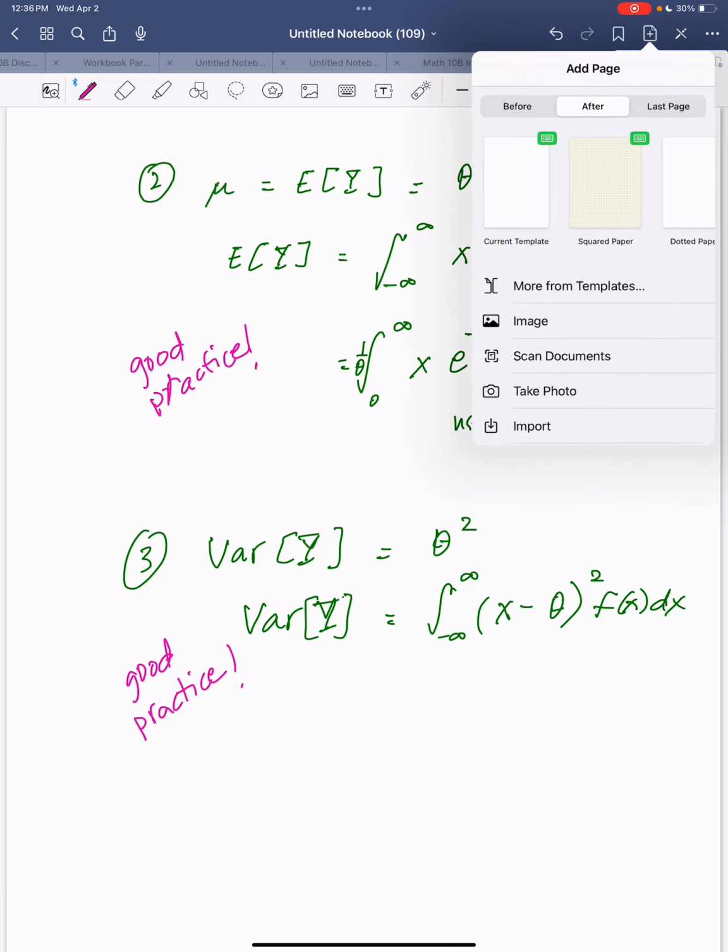And we could ask ourselves a question, here's an example.